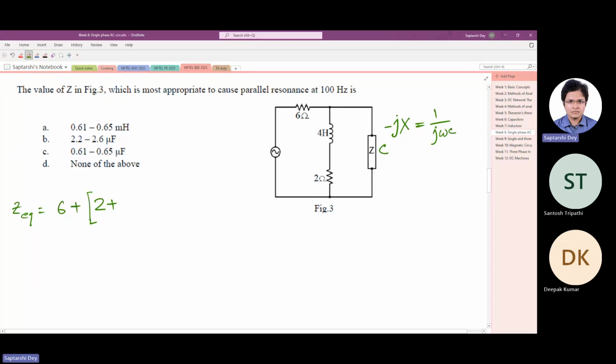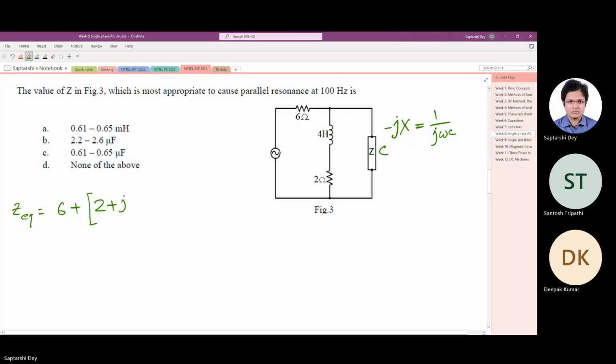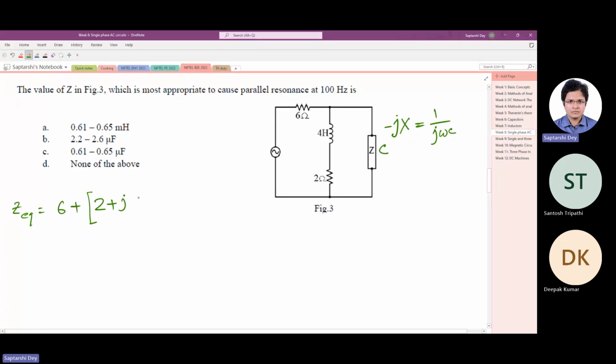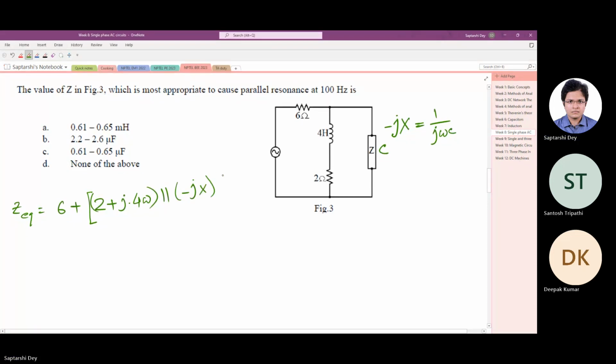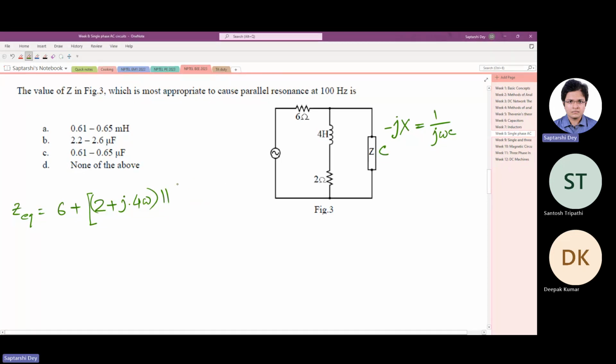How should we write it? Okay, let me write it as 2 times j omega 4, or j4 omega, 2 plus j4 omega. This 4 Henry inductor is parallel to a minus jX, or maybe we can write, since we have to find C directly, 1 by j omega C.